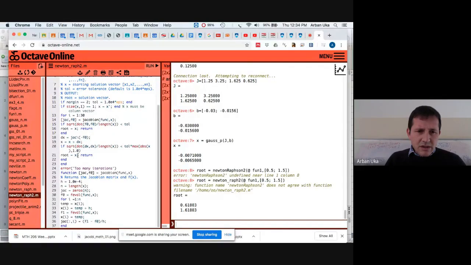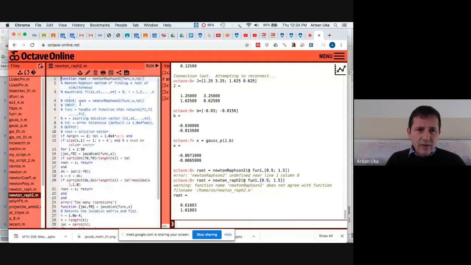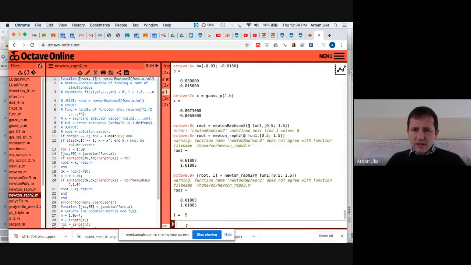I think I can plot here the iteration count I. I'm not sure if I'll be able to show this, but let's see. So we want the output. Let's try to see how many steps we will need. So let's output here also the I. Okay, so we need 5 steps to get to this convergence.